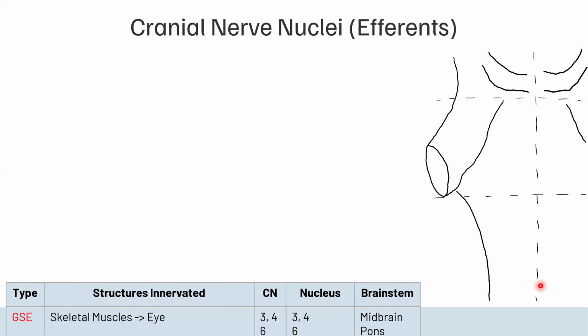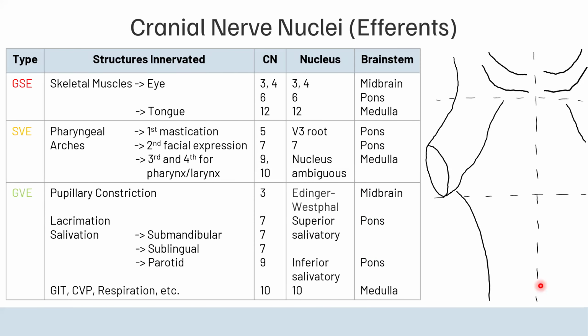So, very briefly, we looked at the general somatic afferents, where we said that this is for our skeletal muscles, particularly in the eye and in the tongue. In the eye, we have cranial nerves 3, 4, and 6, which are responsible for the movement. And these nuclei would be both of those in the midbrain and then 6 in the pons. For the tongue, we said that the hypoglossal is the one that is responsible, and that is located within the medulla.